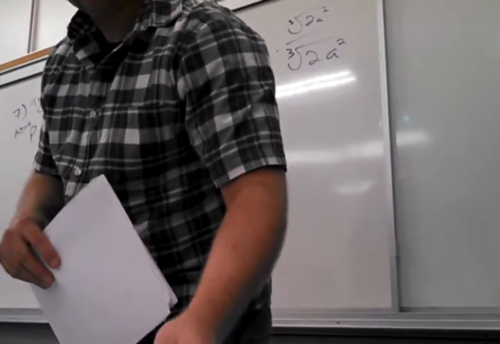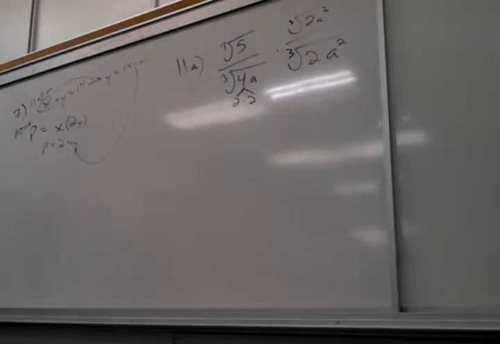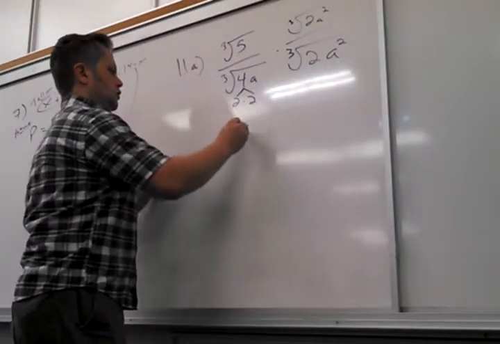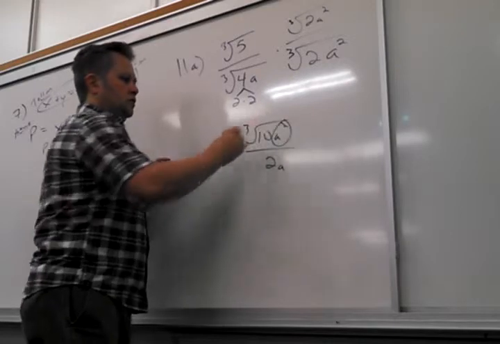Oh, yeah, supposed to be 2 a's in there. So the answer in 11a should be the cube root of 10a squared over 2a. That should be a squared.